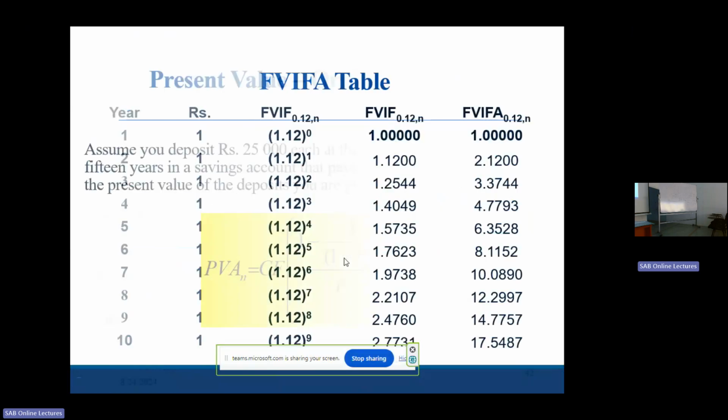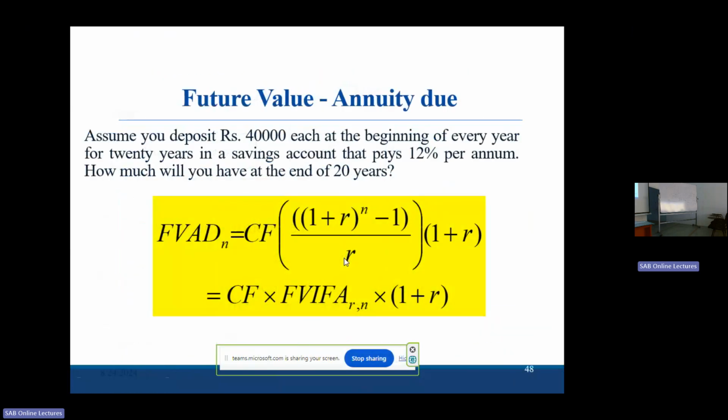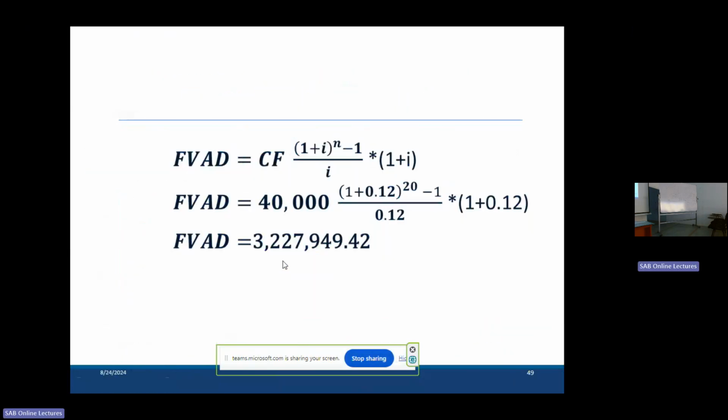If you deposit 40,000 at the beginning of the period, you get 3.2 million. You can see the impact. So the difference is how much? Around 2 to 3 hundred thousand. That is the amount you gain if you deposit at the beginning of the period. So there is a significant impact because of this time value of money.